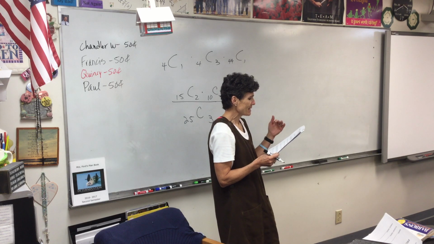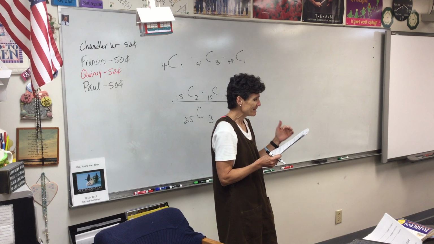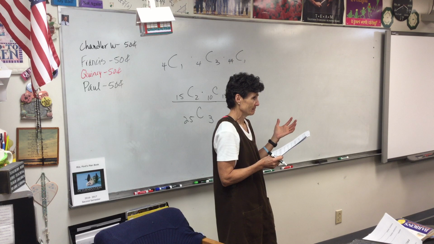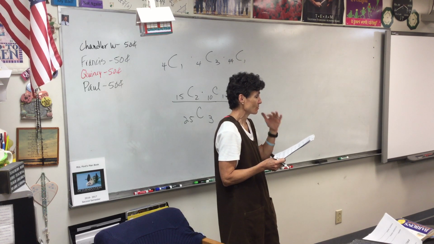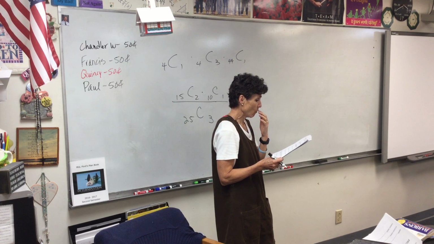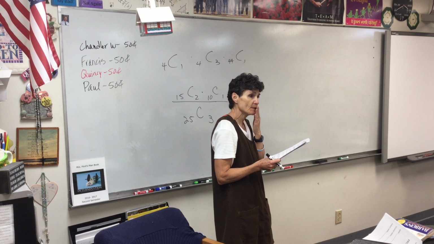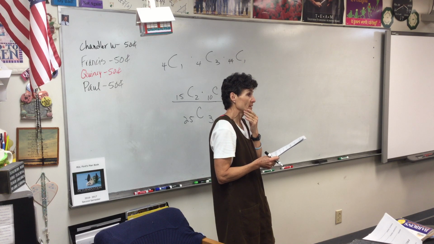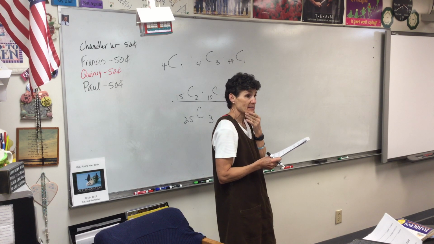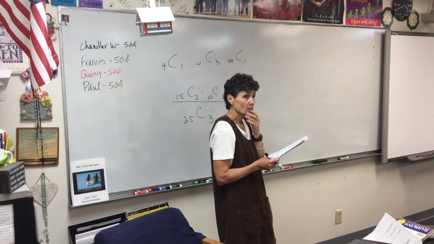I am making 10 guesses. Guess 1, guess 2, guess 3. And I want to get 4 of them right. What's our strategy? This is a binomial probability problem. This is a Pascal triangle type problem.